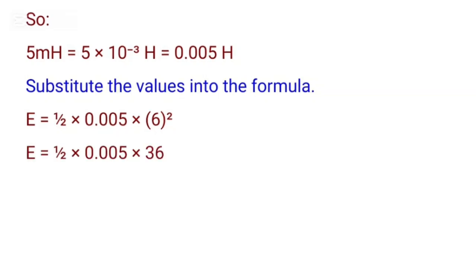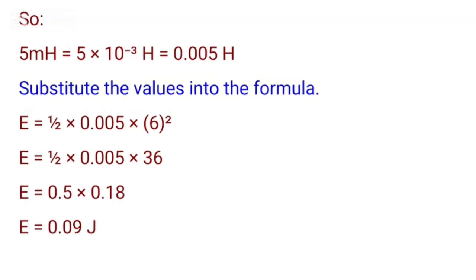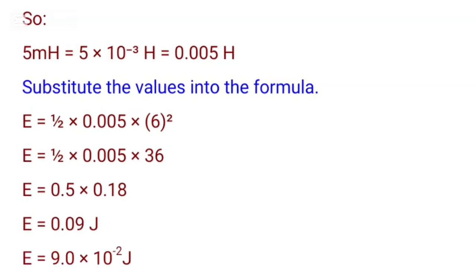E is equal to half times 0.005 times 36. 0.005 multiplied by 36 is 0.18. E is equal to half times 0.18. E is equal to 0.09 joules, which is 9 times 10 raised to the power minus 2 joules.